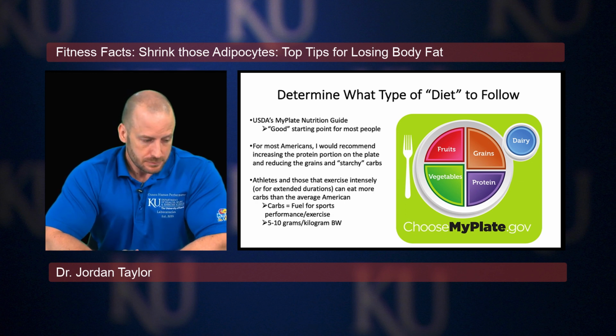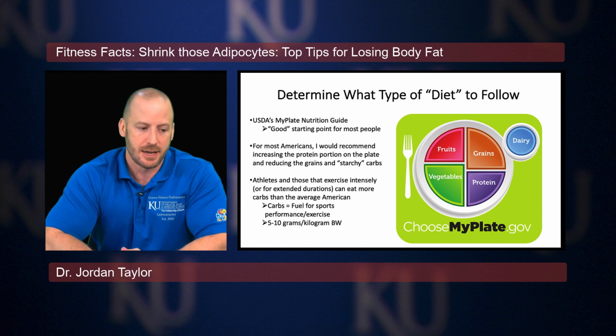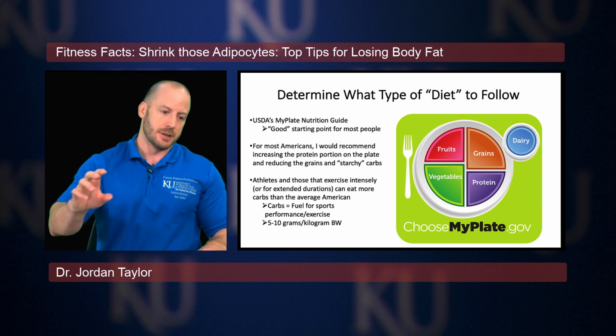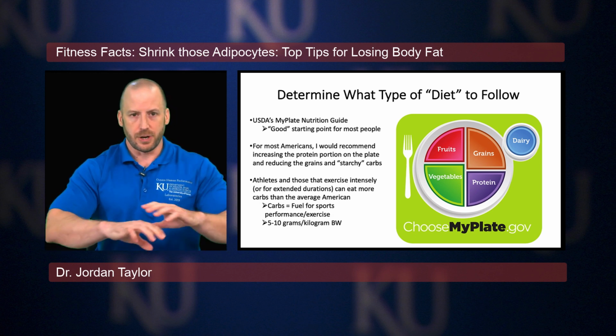Like I said, most Americans would fare well to reduce their carbohydrate intake. If you think back to the 50s, 60s, and 70s, there was a study published in either 70 or 71 by Ancel Keys. It was called the Seven Countries Study. He studied the diets of people in Italy and Greece and Japan and various countries.